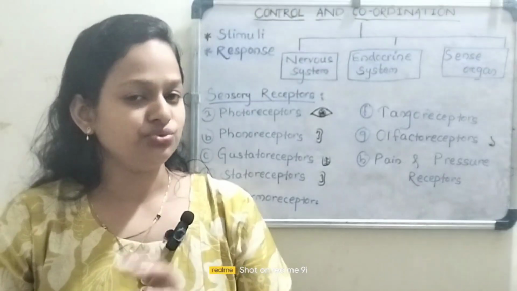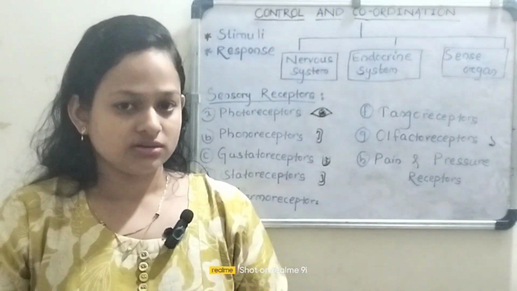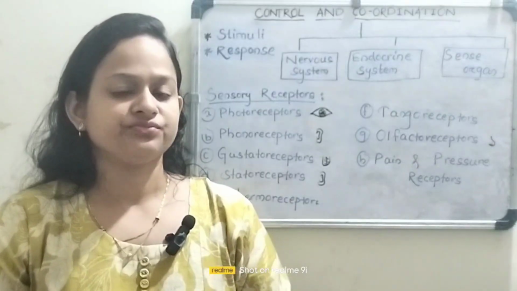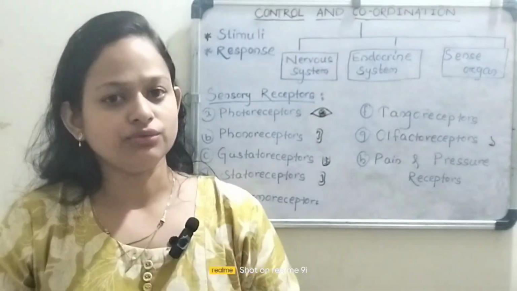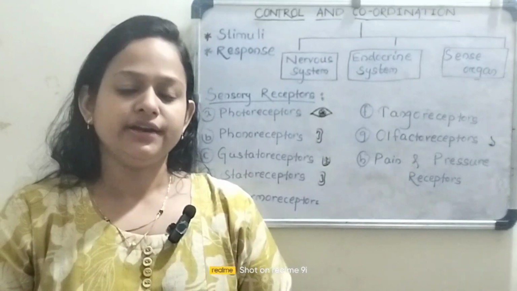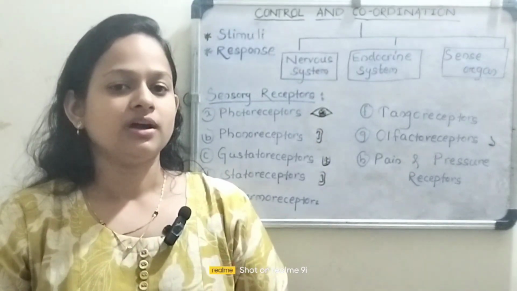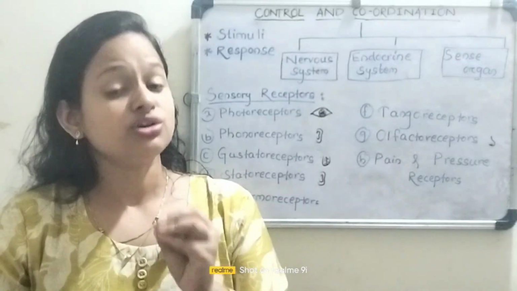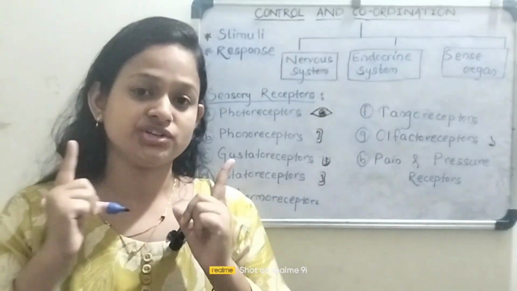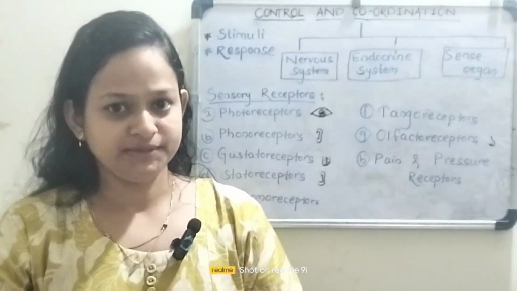And these neurons aggregate and form the central nervous system, which comprises the brain and spinal cord. And these neurons, the nerve cells, serve as the link between the central nervous system and the different parts of the body.